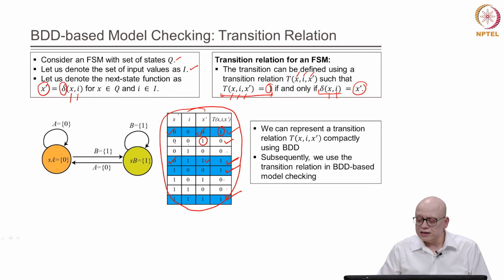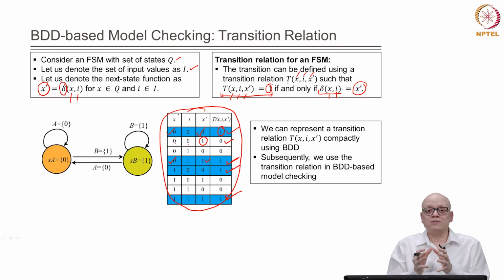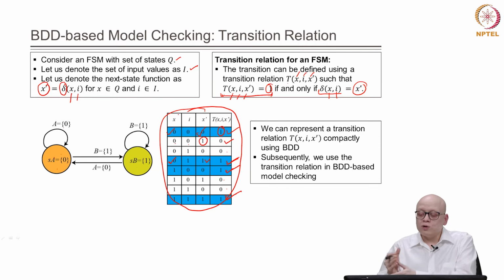Subsequently, we use the transition relation in BDD based model checking. Once we have the transition relation, which captures the transitions of the FSMs, we use it for the subsequent processing in model checking. How that is used, we will just see.